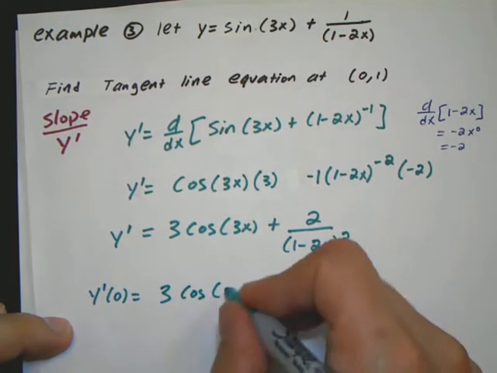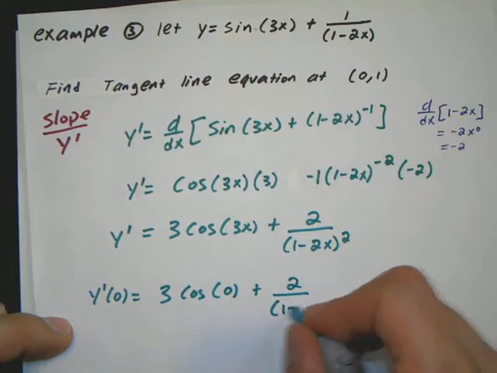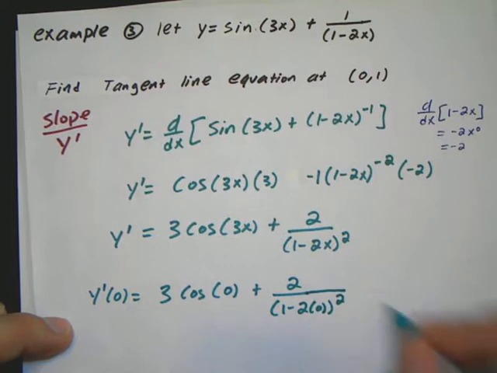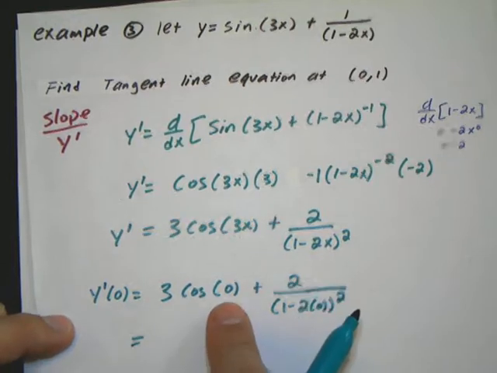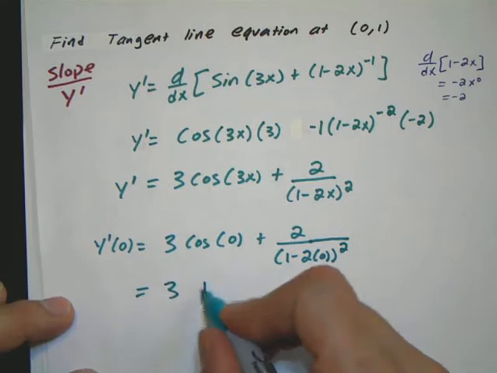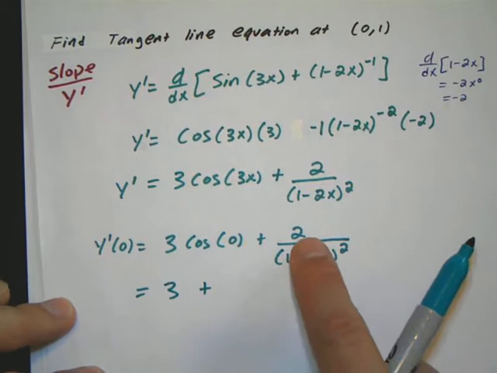Cosine of 0 is 1, so it's going to be multiplied by 3, so this remains 3 plus, this is going to be 0, 2 over 1 squared remains 2. So my derivative y prime is equal to 5. So it's going to be my slope.